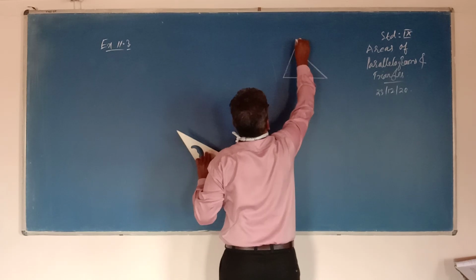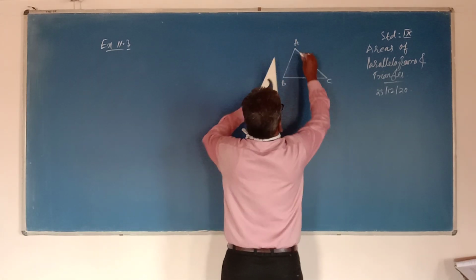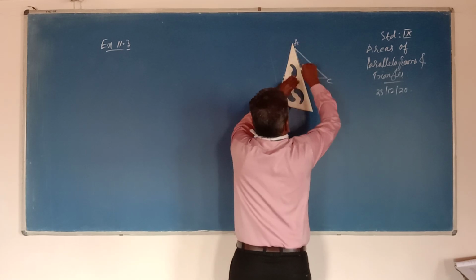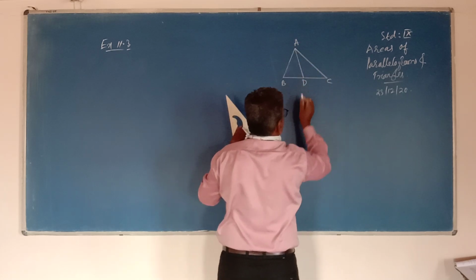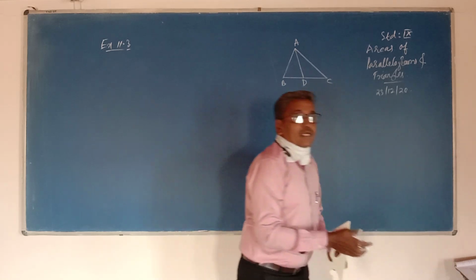ABC is a triangle, AD is the median, E is the midpoint of the median AD.